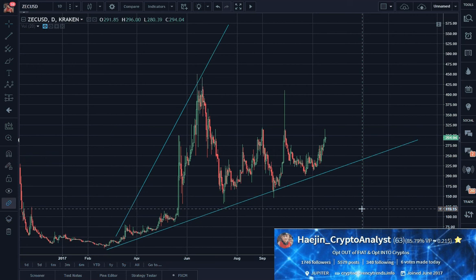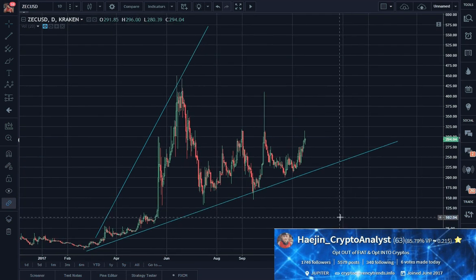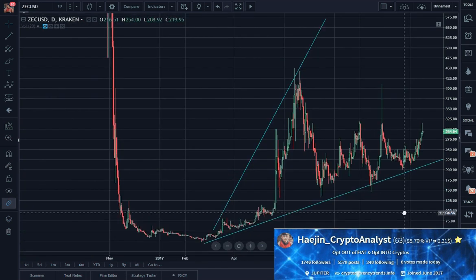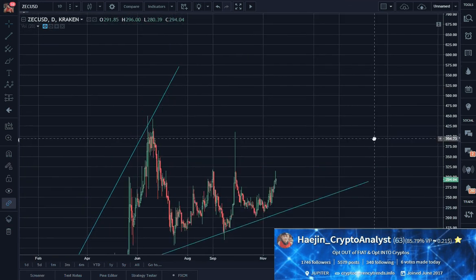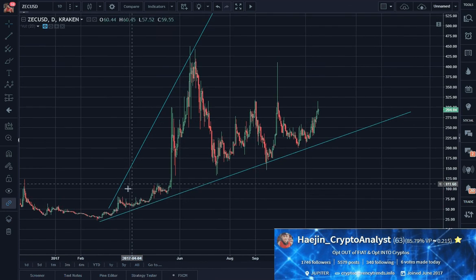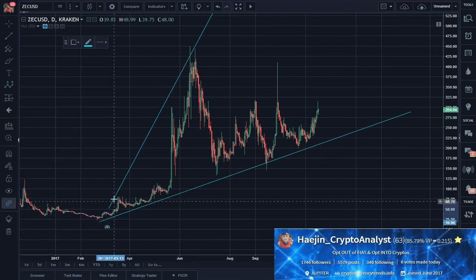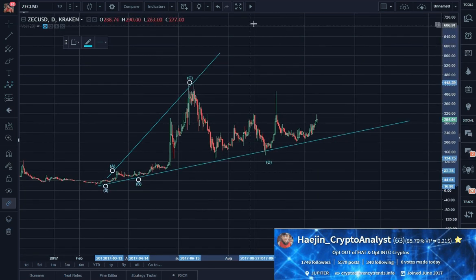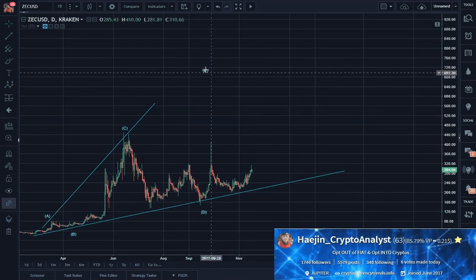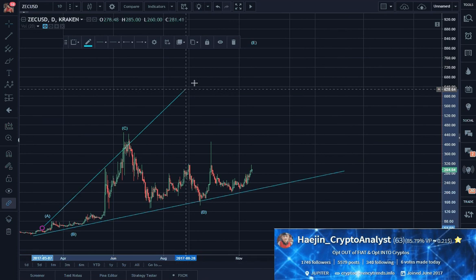So here is Zek, the jaws of wealth, right? This has a lot to go from A, B, C, D, E. So you can say A, B, C, let me label it. A, B, C, D, E. What would be up there, let's say.